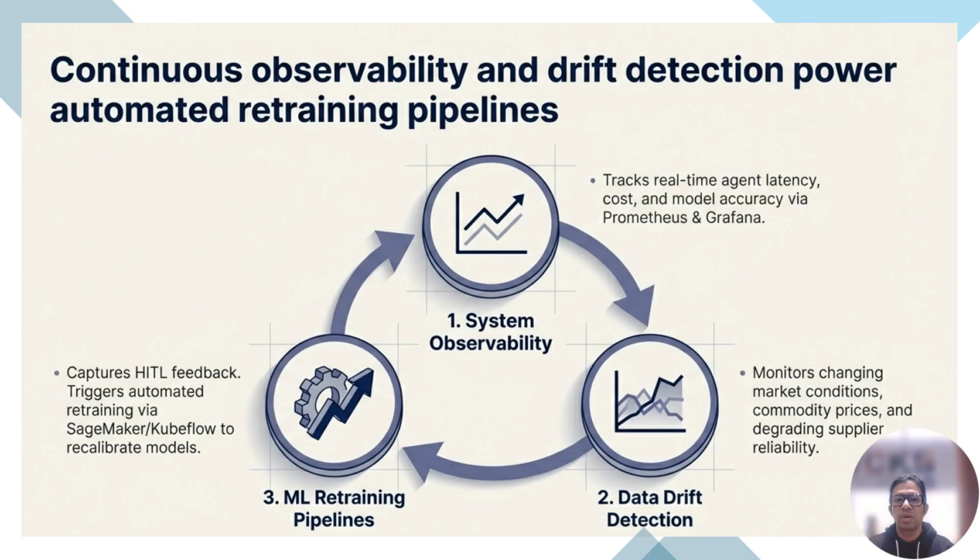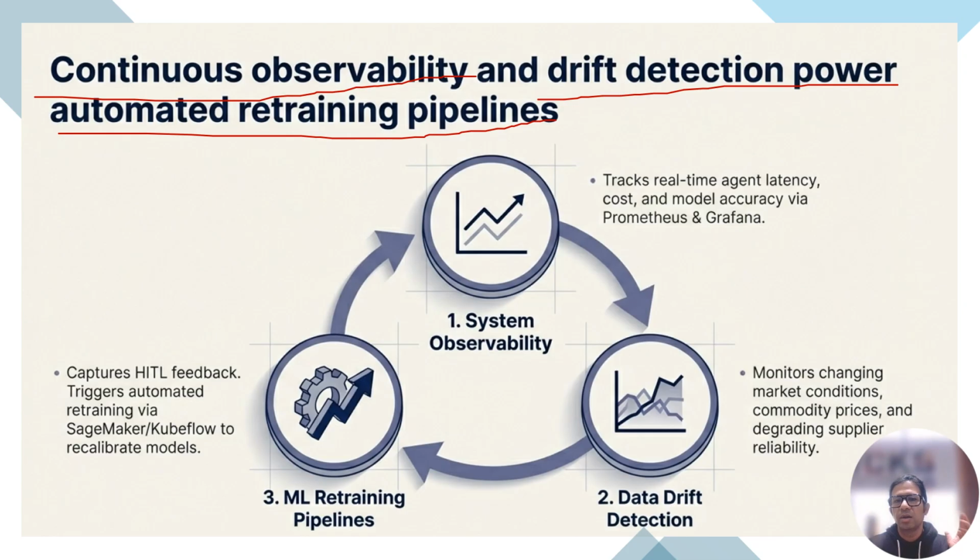Markets change, supplier performance changes, prices change, and regulations change. Continuous observability and drift detection power automated retraining pipelines. So the key message is, once you deploy, you don't stop. You need continuous observability plus drift detection plus retraining. Otherwise, the system becomes confidently outdated.